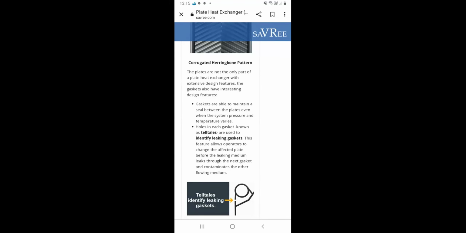And there is the telltale hole, what is its purpose? Suppose there is a question for the MEP: how can you identify your leak, which tube is leaking, and how can you arrest the leak?